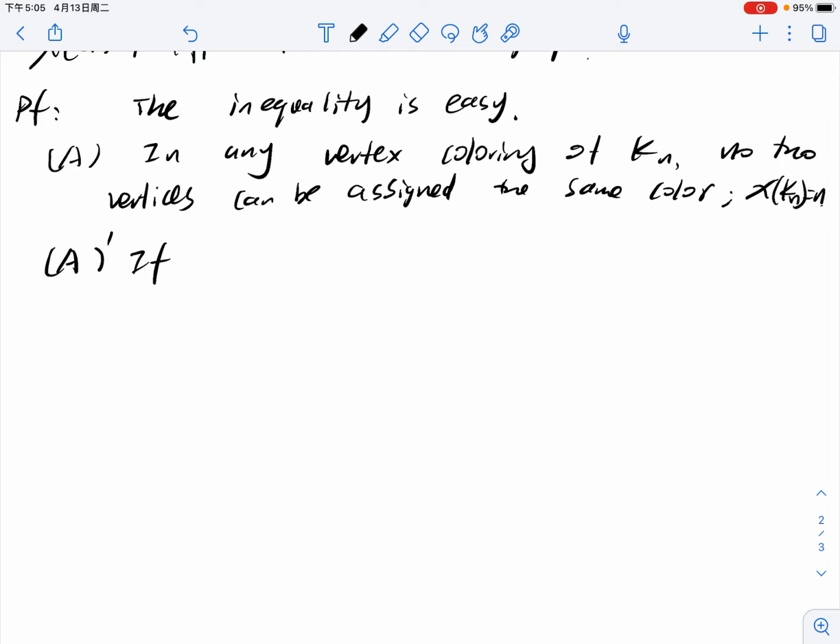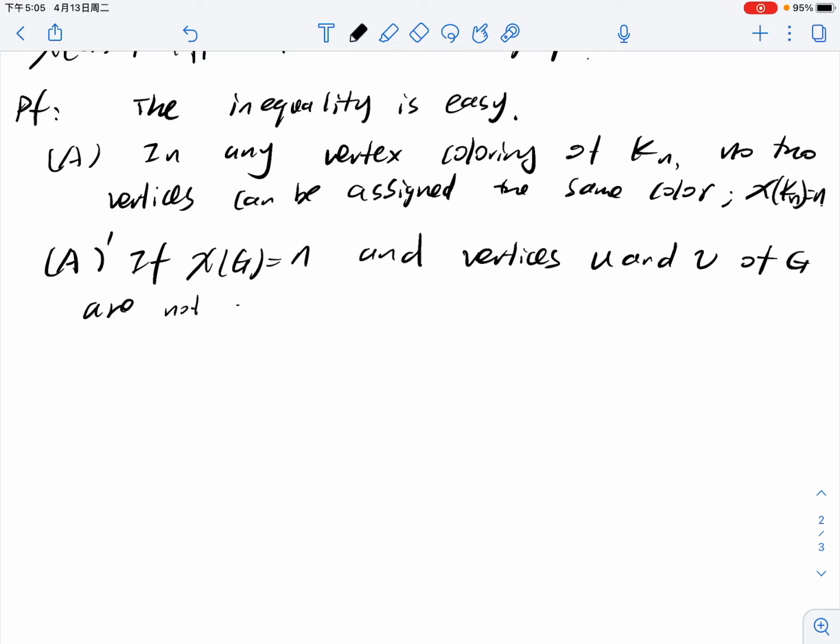Okay, and the reverse, if chi of G is n, and the vertices u and v of G are not adjacent, then we will have some contradiction as follows.